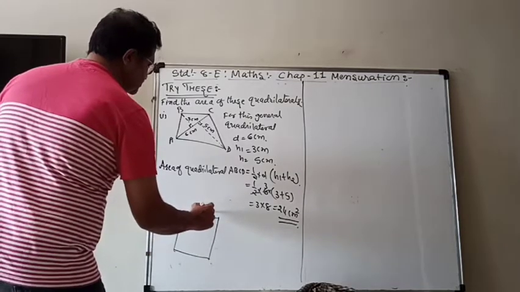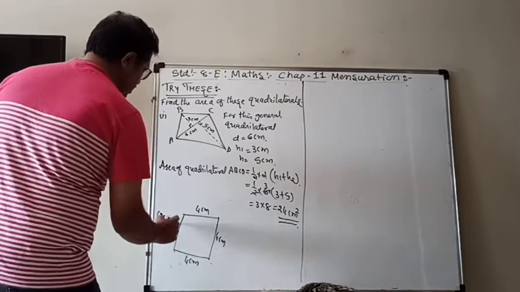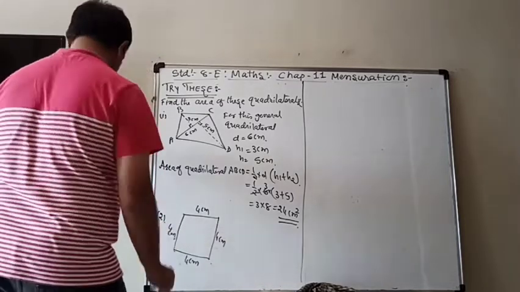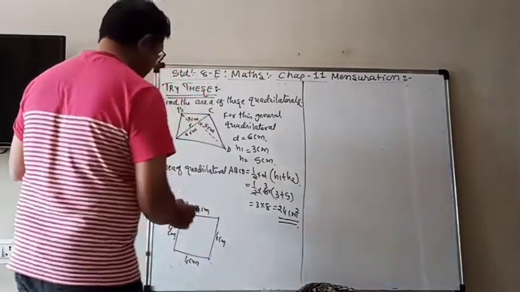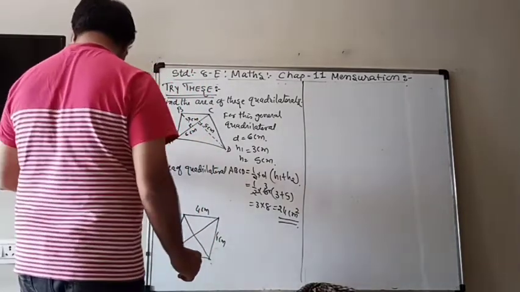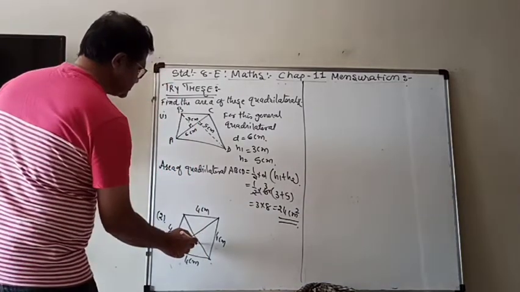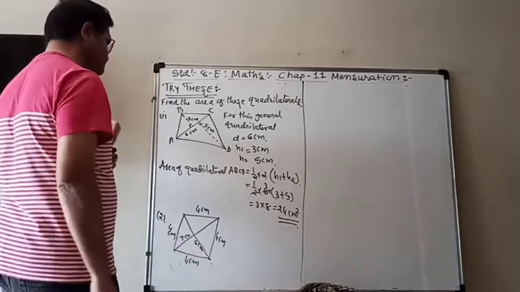All the sides are 4 centimeter. It means that it is a rhombus. You know that a rhombus has all equal sides. Now two diagonals are given. One is 7 centimeter and the other is 6 centimeter.